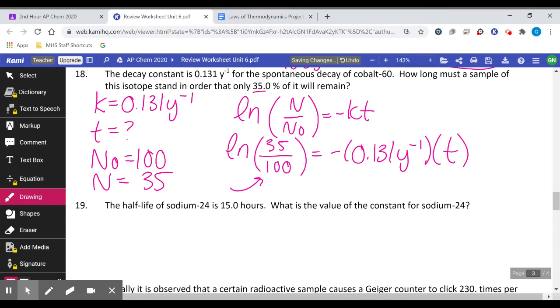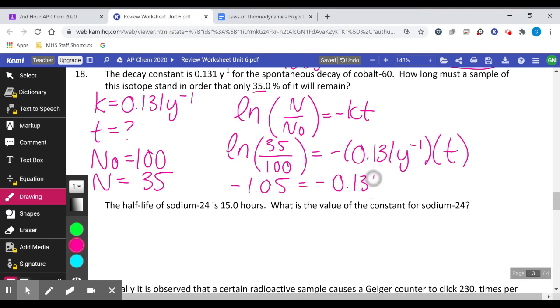So now what I'm going to do with that natural log is just enter that in my calculator, just the way I see it here. I'm going to hit natural log, parentheses, 35 divided by 100, close parentheses, and I get negative 1.05 when I do that, equal to the negative 0.131 years to the negative 1 times t.